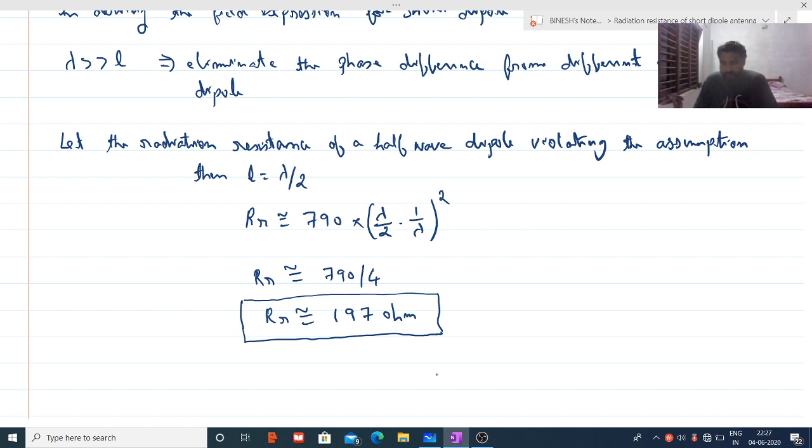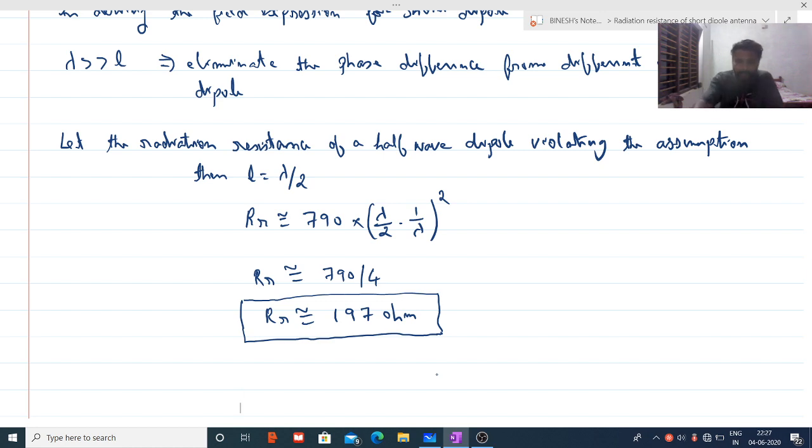So this indicates the magnitude of the error introduced by violating lambda very much greater than L, to the extent of taking L equal to lambda by 2. It is further assumed that the dipole current is uniform, but without end loading the current must be 0 at the end.